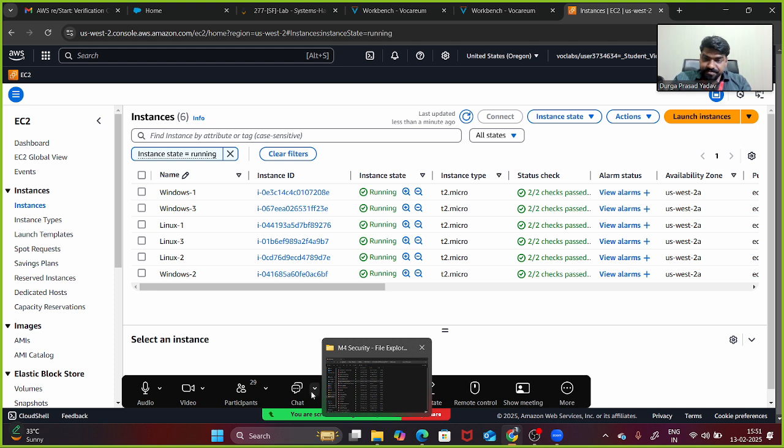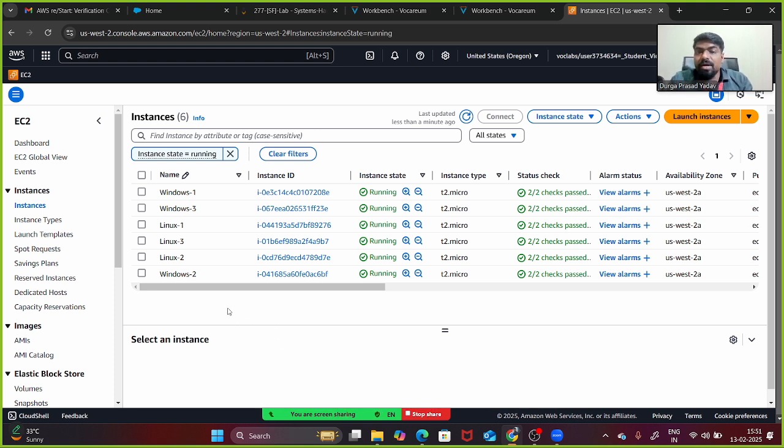Now collectively you can work. There are a few tags that have been added. If you need to check the tags for these machines, because collectively you have to work on all the machines, you need to know about the tags here.